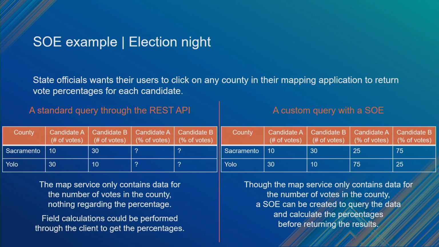That is where the SOE is going to come into play, because this would be incredibly burdensome for someone at a client level to go and update the percentage. This data is incredibly dynamic. It's election night. We're getting new results in by the second, by the minute. It's constantly updating. To sit someone there would not be realistic. So we'll use the SOE to extend the data that we have in this service. We can go in, query that data, and then calculate the percentages before returning the result to the end user. All of this through a seamless experience with an SOE.